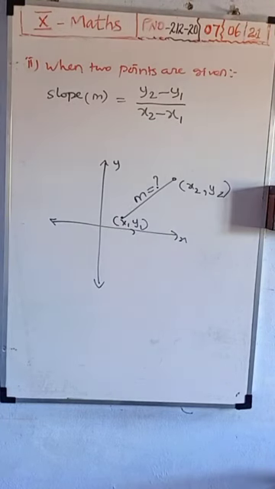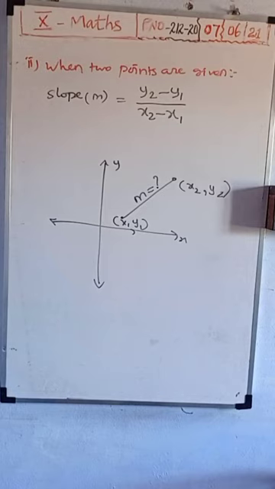When 2 points are given, the slope of the non-vertical line is y2 minus y1 by x2 minus x1: the difference in y coordinates divided by the difference in x coordinates. Use this formula and we will get the slope.